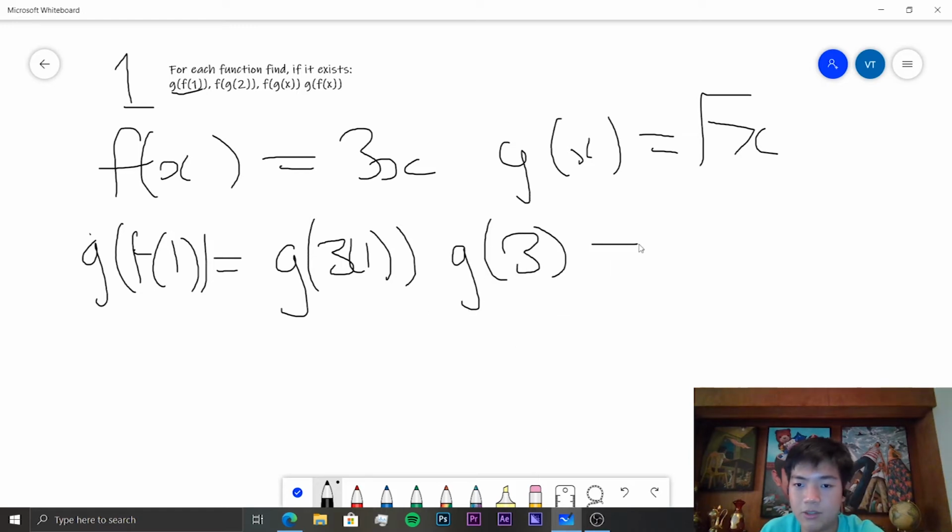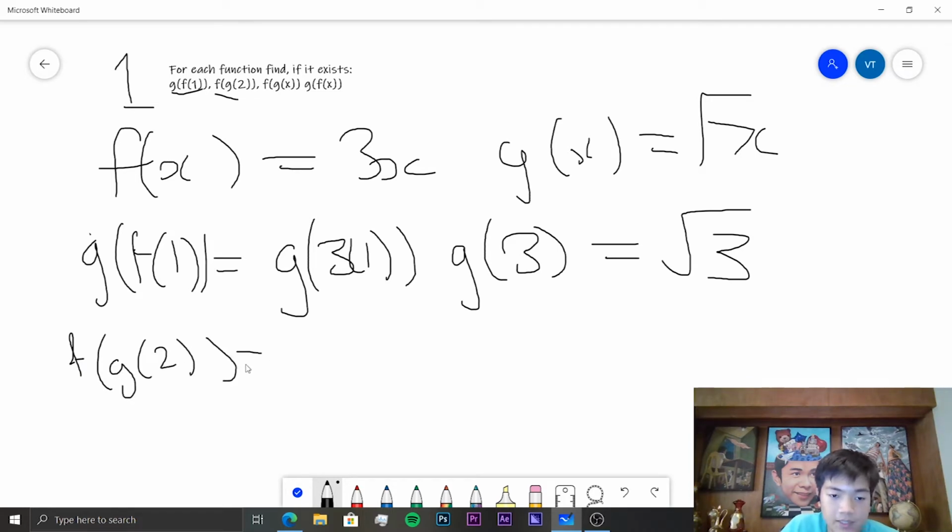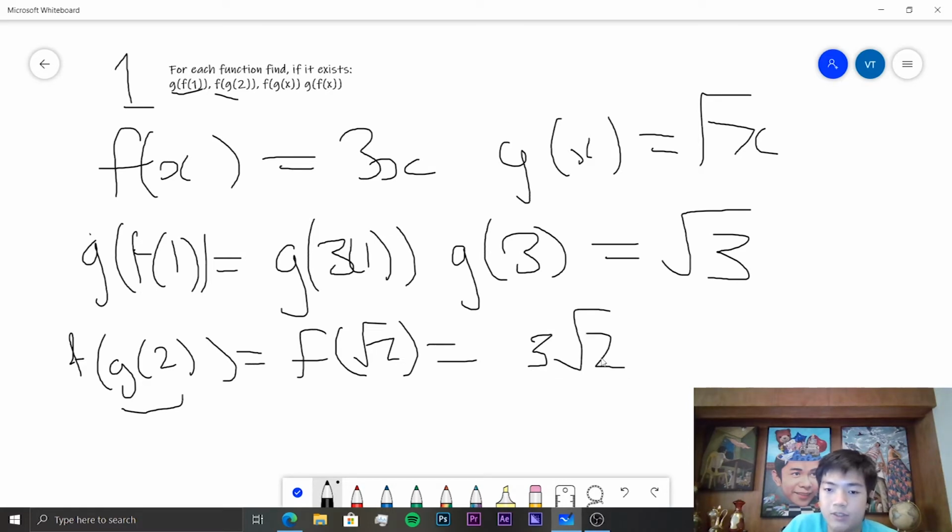And so this will be the square root of 3, because g of x is the square root of x. Now, f(g(2)) is equal to f of square root of 2, because that's what g of 2 is equal to. And this is going to be 3 square root 2.